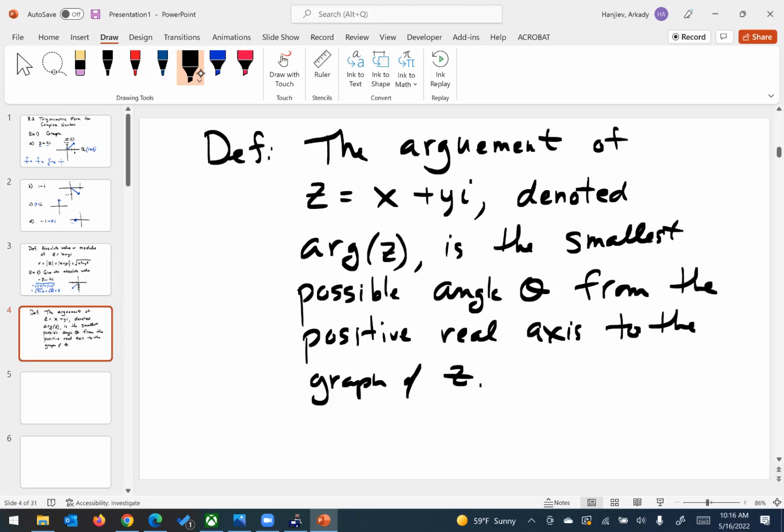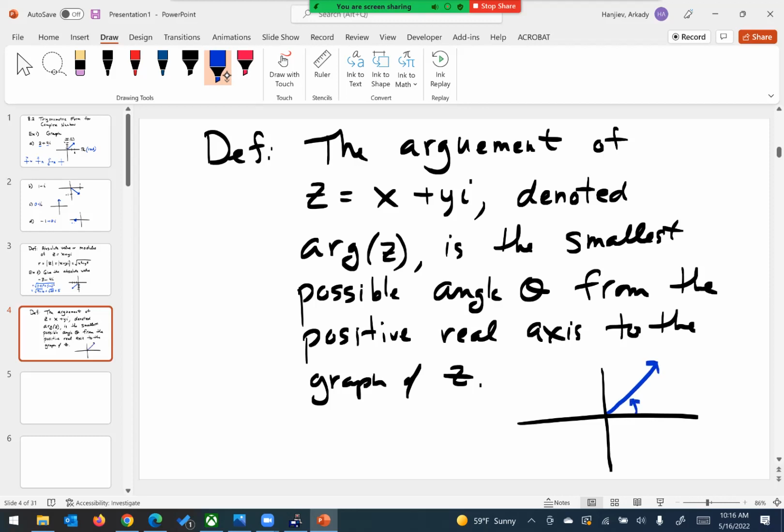So the smallest possible angle is because we can go clockwise or counterclockwise. You want the shorter version. Yep. This way would be like that.